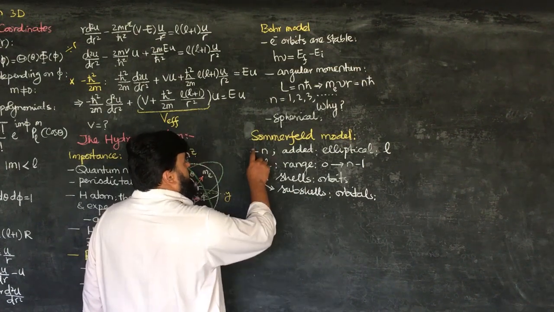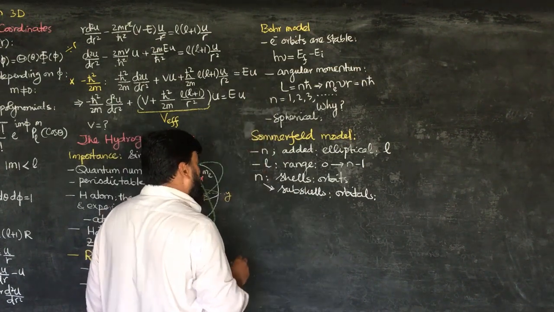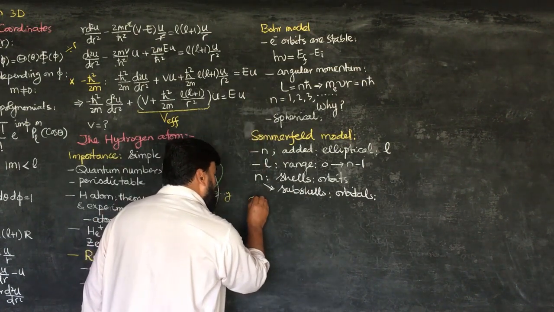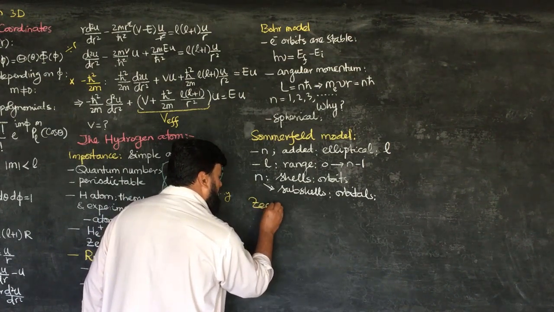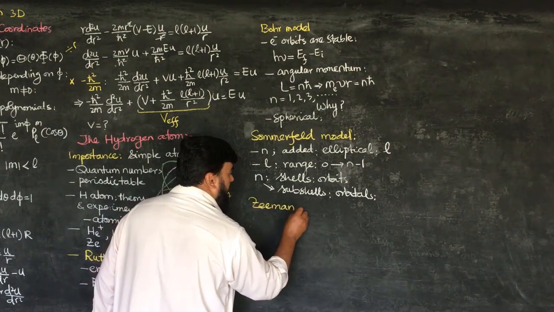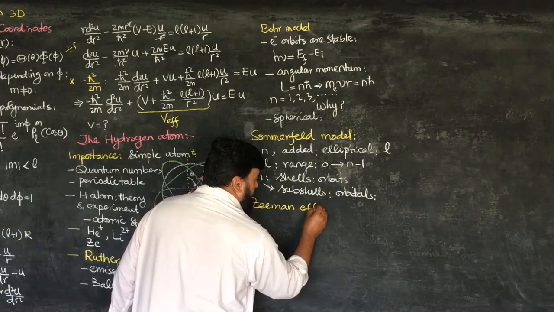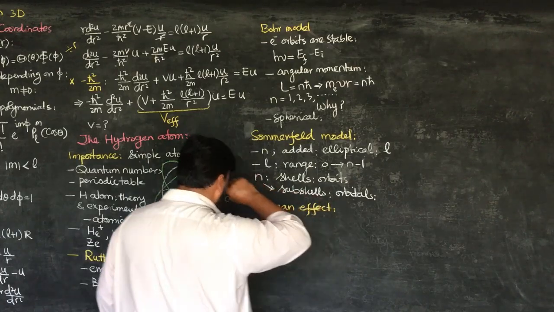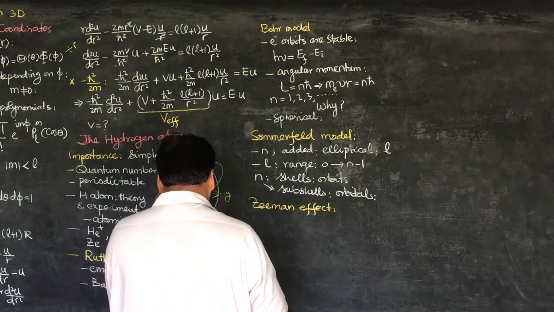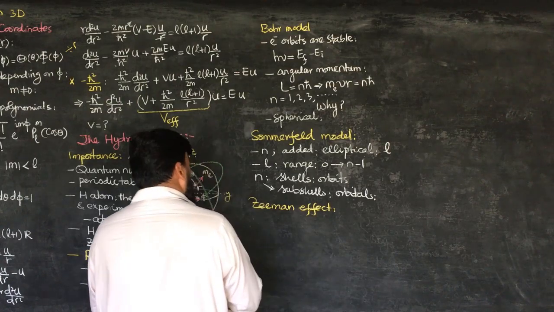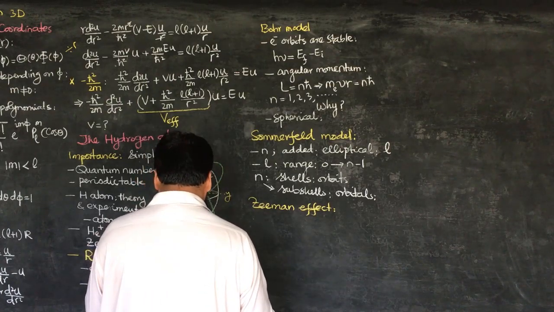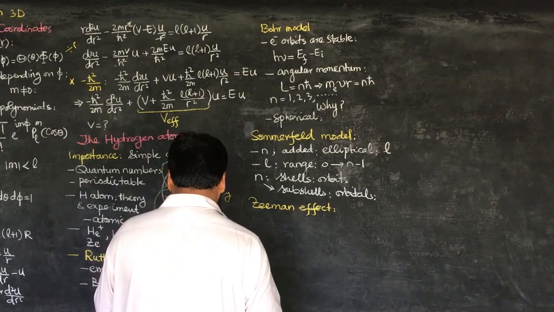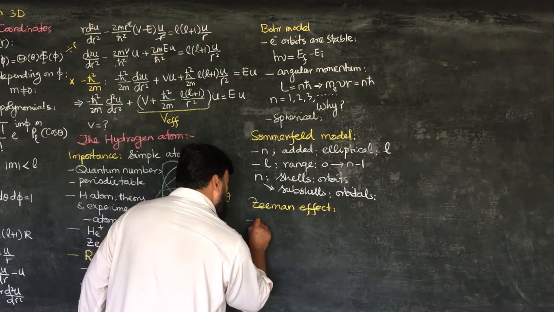Another modification that challenged the Bohr model was the observation of the Zeeman effect. The Zeeman effect was that these spectral lines, or the emission lines, split.